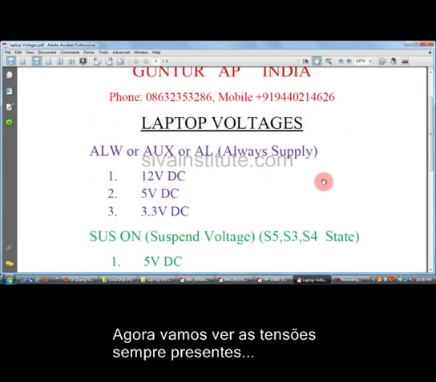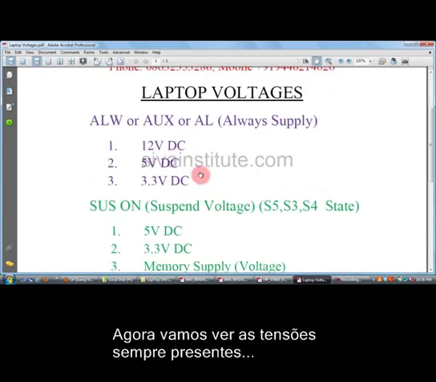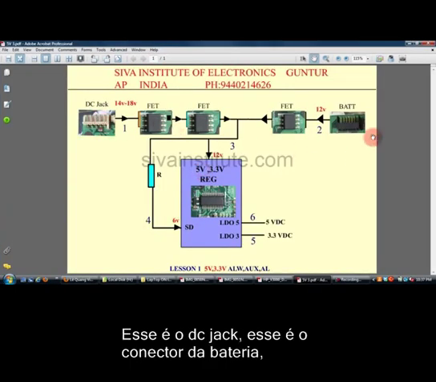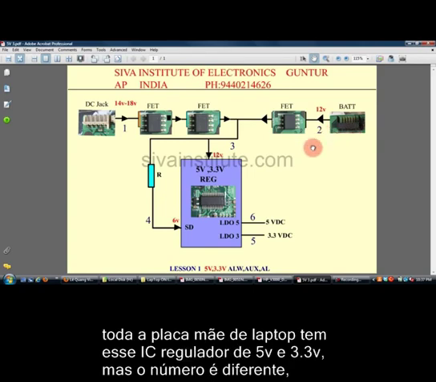Now we will see first this always supply. This is the DC jack. This is the battery connector. Every laptop motherboard has this 5 volts and 3.3 volts regulator IC, but the number is different.